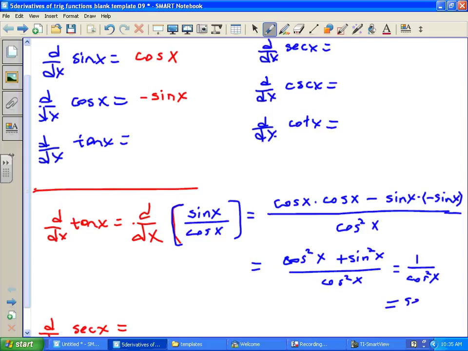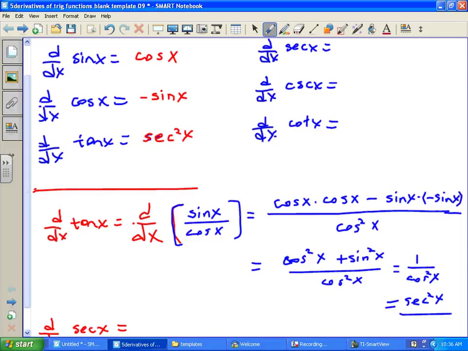So this is the result I'm going to fill in our table: the derivative of tangent is secant squared. Again, this is one of the 6 that you have to memorize. It's going to come up from now till the end of the calculus sequence and beyond if you're an engineering major. So make sure that you are familiar with the derivative of the tangent function as well.